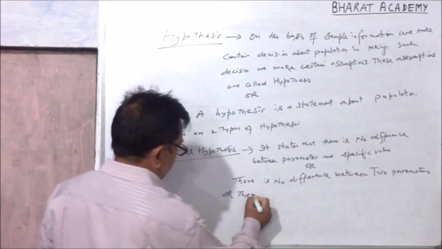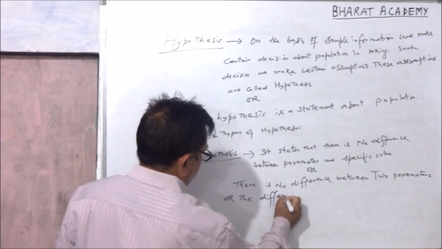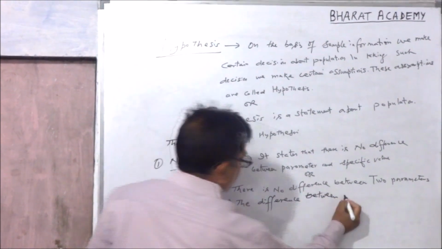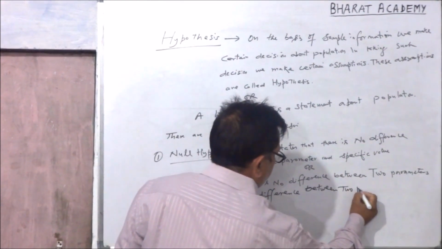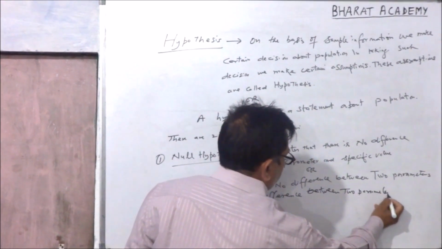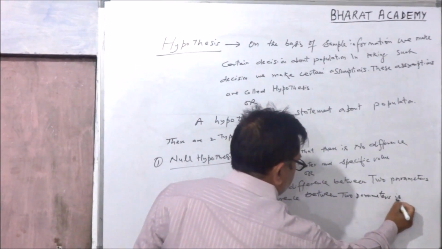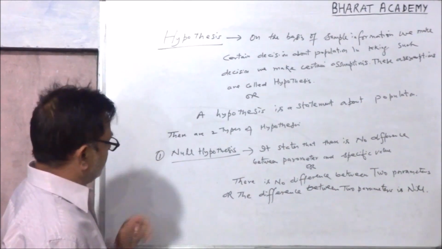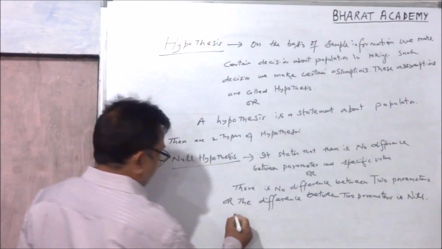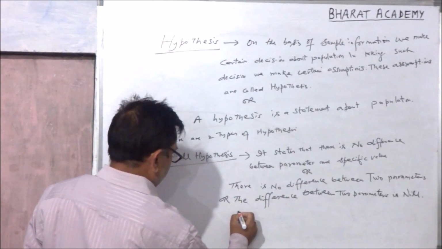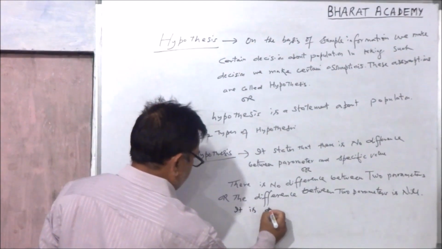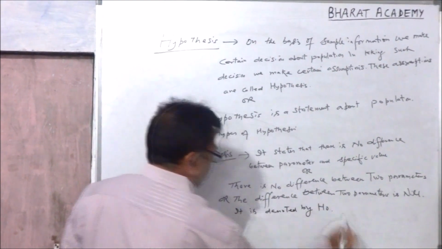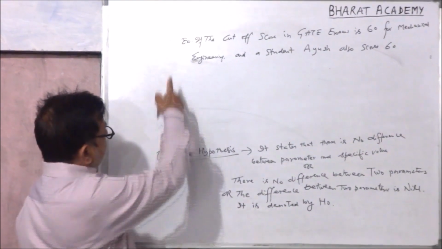Another way we can say it, the difference between two parameters is nil. That's why it is called null hypothesis. This null hypothesis is denoted by H naught.